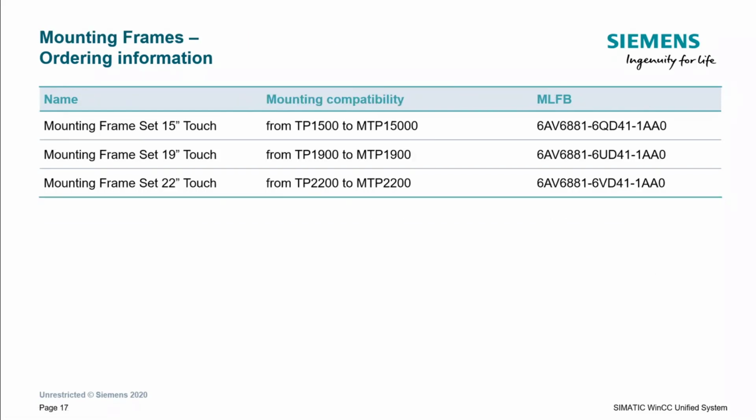Also, if you wish to mount these, we have some mounting frames. If you're moving from the existing touch panel, TP1500, to the Unified Comfort Panels, the multi-touch panel, we have these frame sets to enable you to do that, orderable with these numbers here.